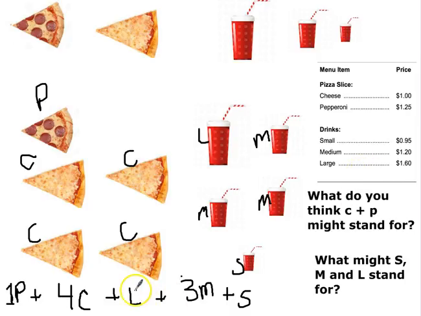A large is $1.60, so I could replace that with $1.60. 3 mediums are $1.20, so that would be 3 times $1.20. And a small is 95 cents. Okay? But we're going to work on finding the monetary values on Thursday.